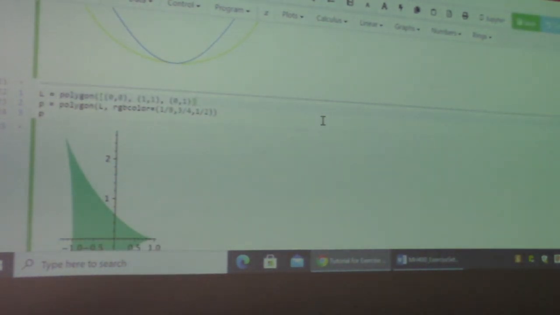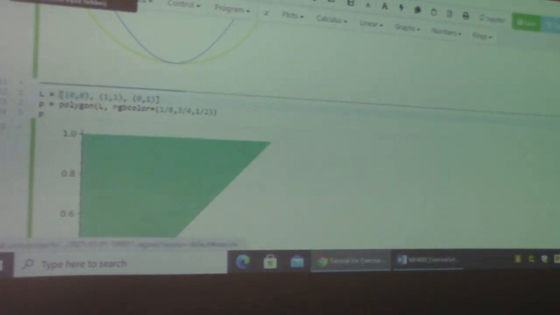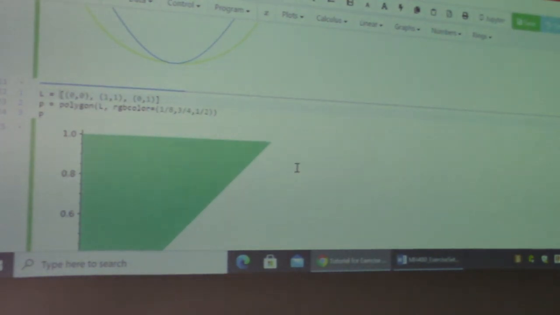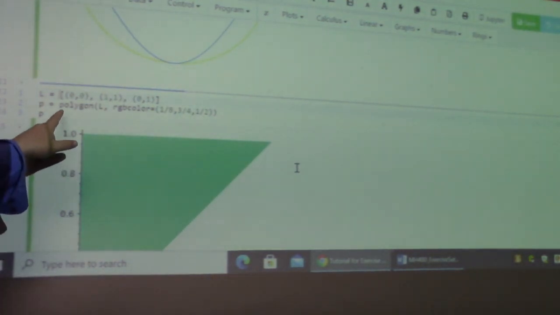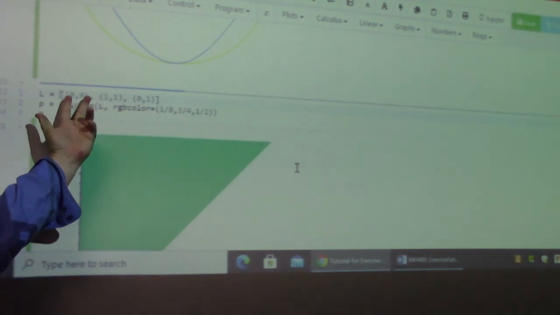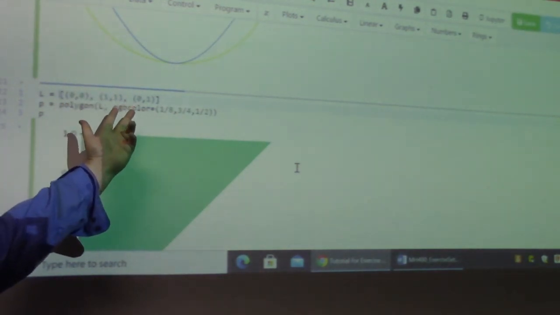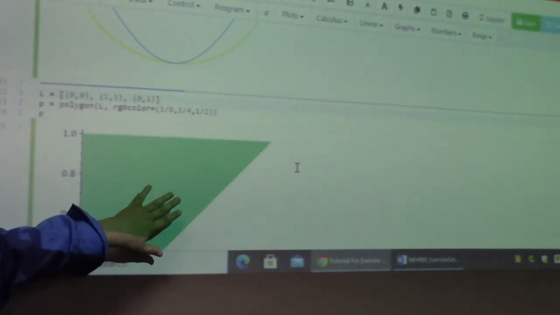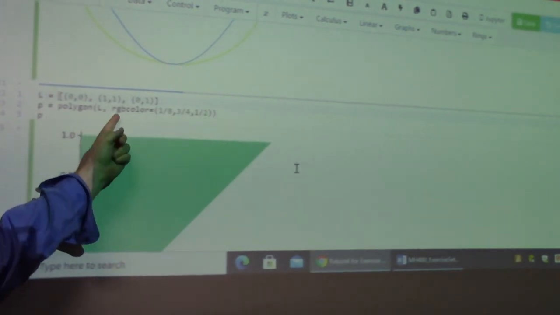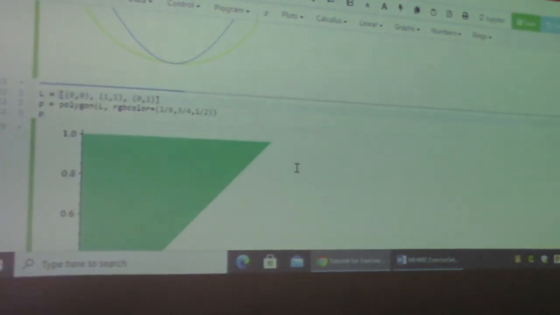So we can make L a list of points. To make a list of points, you just do it like this. I changed that example so it's less bizarre. See, guys? I make L the list of points, like (0,0), (1,1), (0,1), and then polygon(L), with an RGB color, whatever.